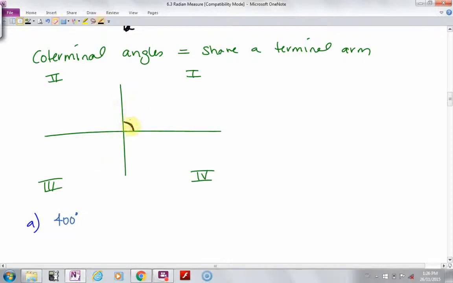And if I go all the way around to here, it's... So 110 degrees is in the first quadrant? 110. Yeah, 110 degrees. I'm asking you, which quadrant is 110 degrees? But 400 degrees. Oh, I'm not doing 400 degrees. I'm doing 110 degrees. Sorry. Second quadrant. Yeah, sorry if that was confusing.